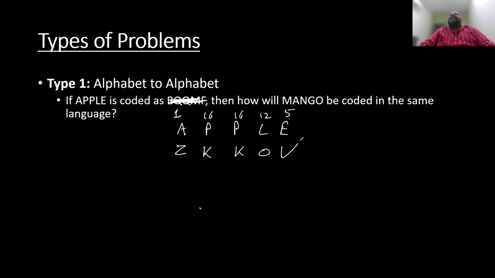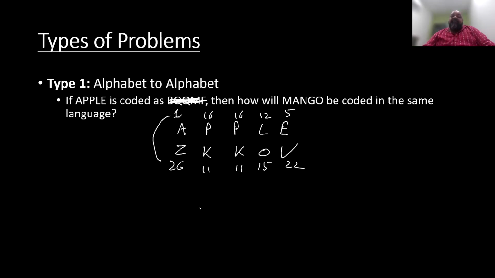Any answers? Again, just write the number values whenever you're not able to spot a direct change. So Z is 26, K is 11, O is 15, V is 22.